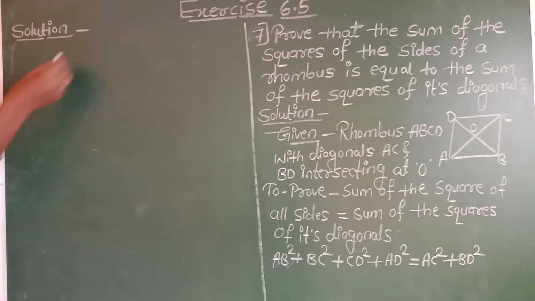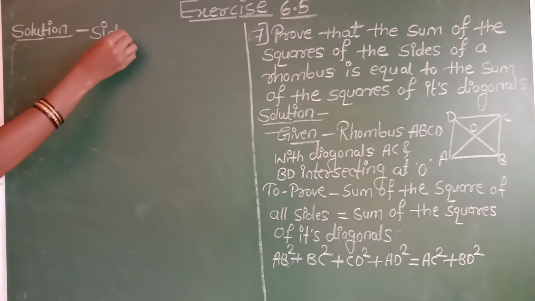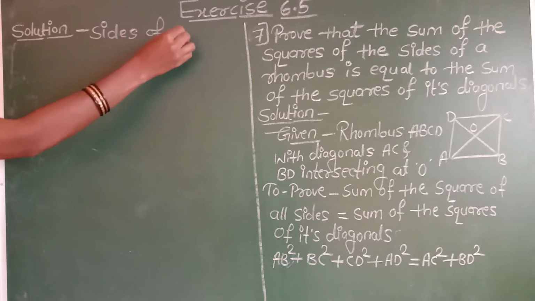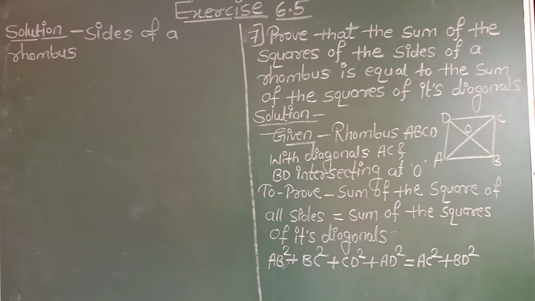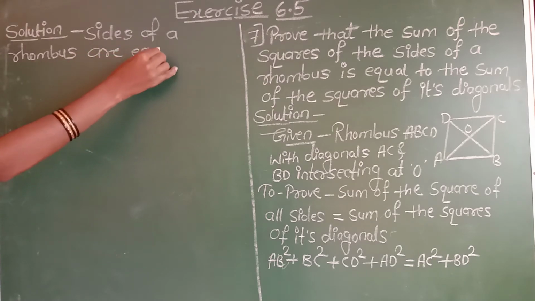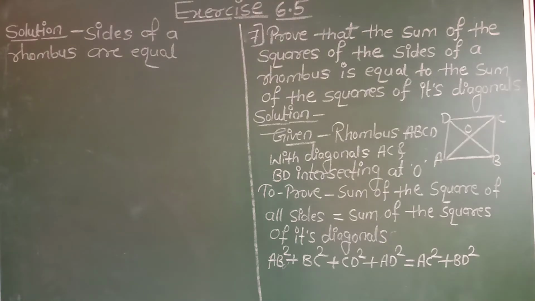Solution. Sides of a rhombus are equal. Here I wrote square, but all sides of a rhombus are equal.